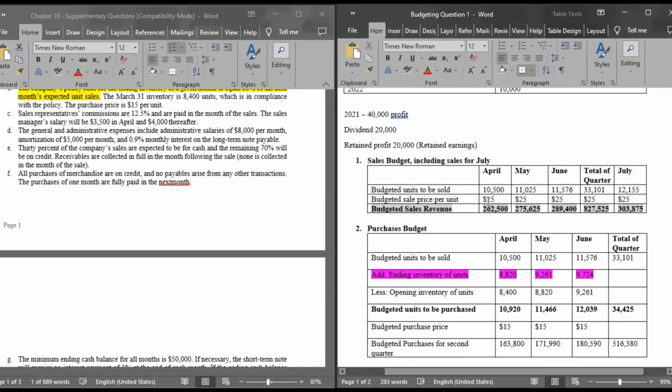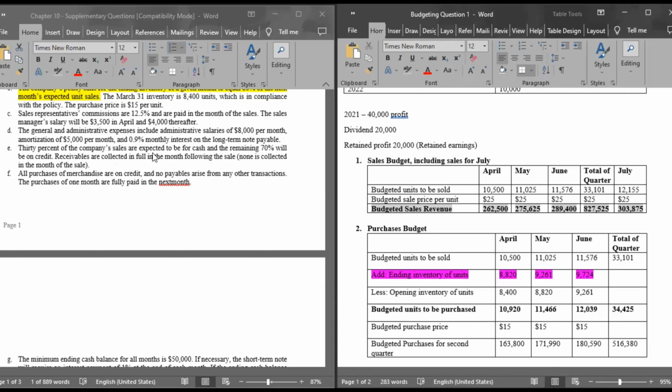So he is telling about this budgeted sales. He is saying 30% of the company's sales are expected to be for cash. It means that 30% of sales are for cash and the remaining 70% will be on credit. So, of the 100% sales, 30% are on cash basis and 70% are made on credit basis.